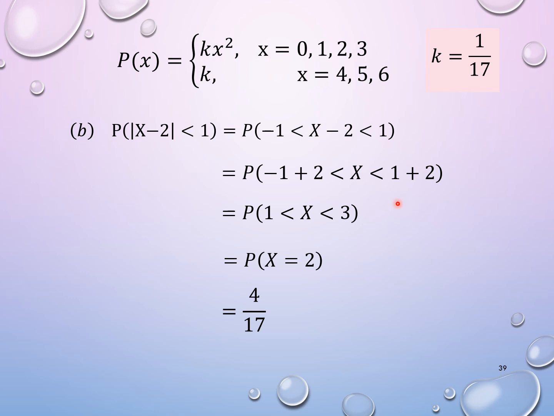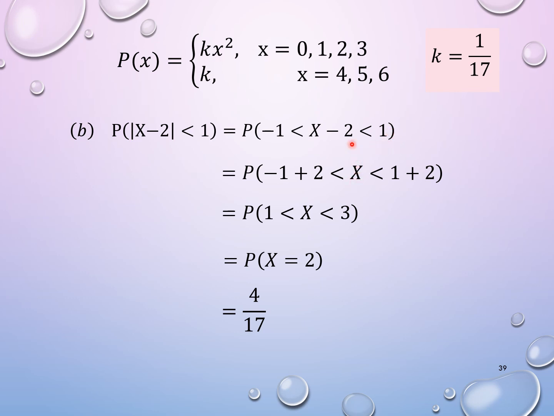Then the second one, we have probability of modulus x minus 2 less than 1. When we open the modulus sign, you will get probability x minus 2 greater than negative 1 and less than 1, because with the modulus sign, one answer is negative and the other is positive.